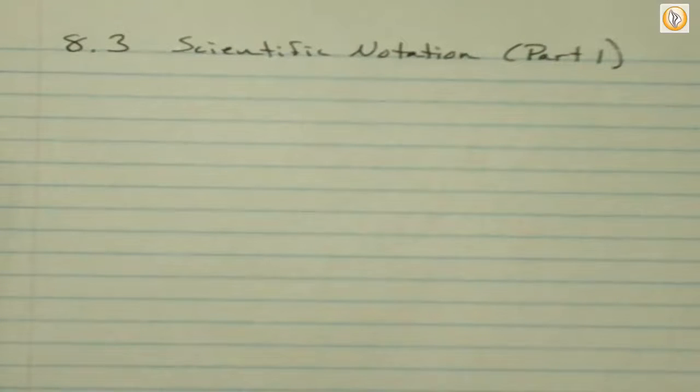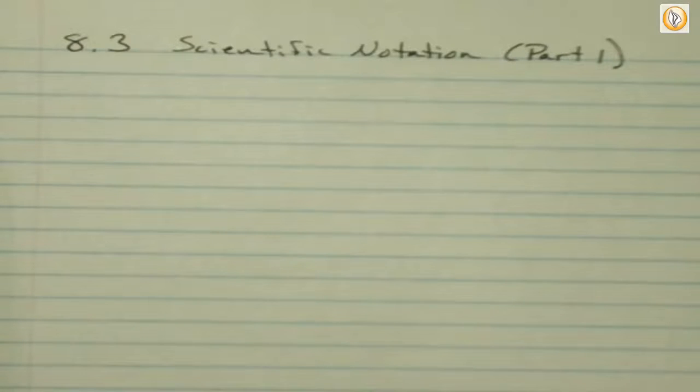Okay, so as I mentioned earlier this week, I'm dividing this section, 8.3, into two totally different lessons. Today, I'm going to be introducing just basic scientific notation, and then we're going to talk about multiplying and dividing with scientific notation. And then y'all are going to do homework.